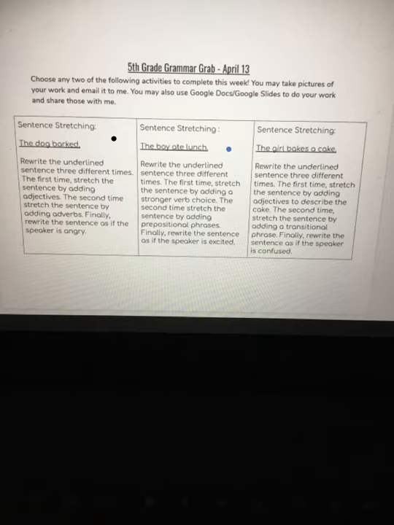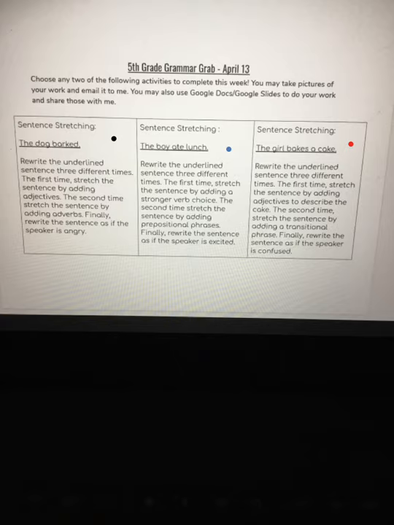Then our last box, it says "the girl bakes a cake." So then again, you're going to stretch that sentence to make it better. It's asking you to first add adjectives to describe the cake. It's asking you to then add a transitional phrase, and remember, transition words are first, next, then, last, finally. You want to make sure whatever you add to it includes a transition word.